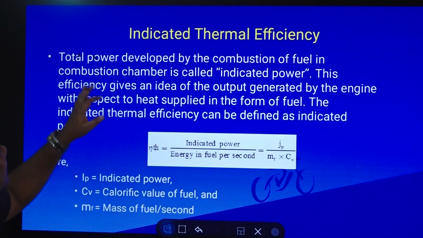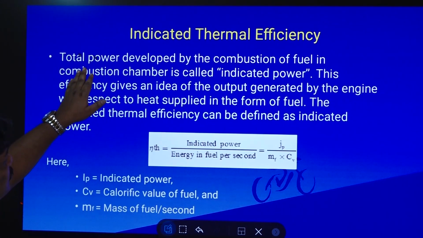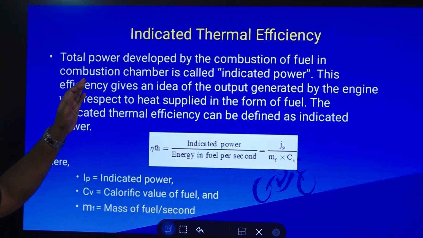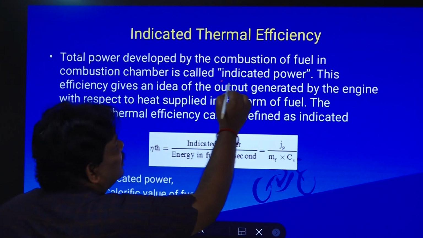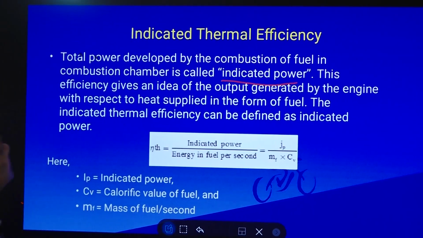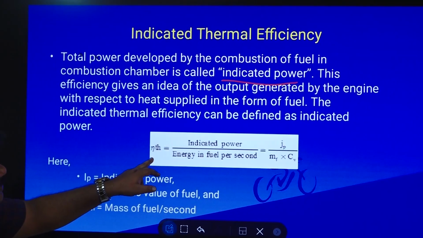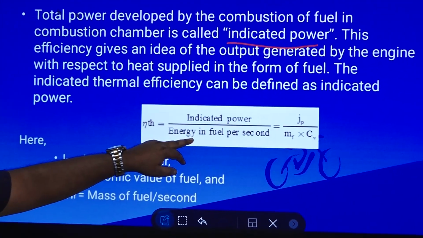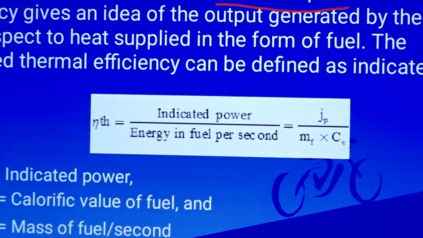So you can see here, the total power developed by the combustion of the fuel in the combustion chamber is called the indicated power. This efficiency is nothing but the ratio between this indicated power and the amount of energy in the fuel per second.